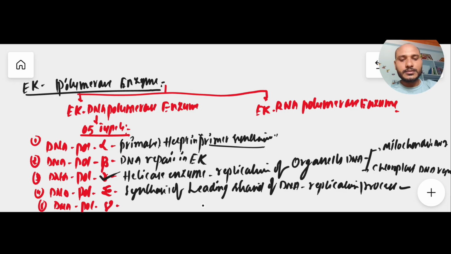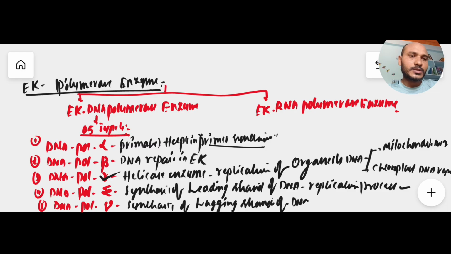And DNA polymerase delta helps in synthesis of the lagging strand of DNA. So they also help in the replication process.